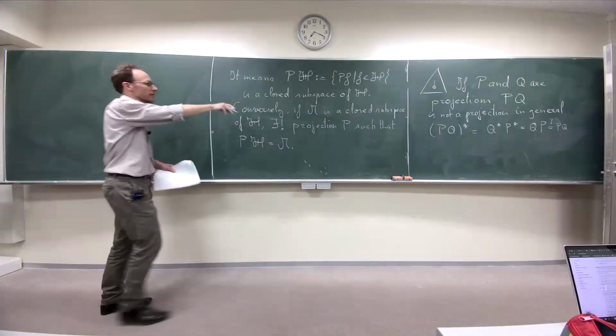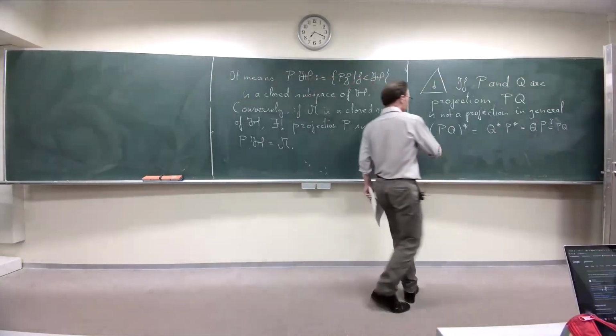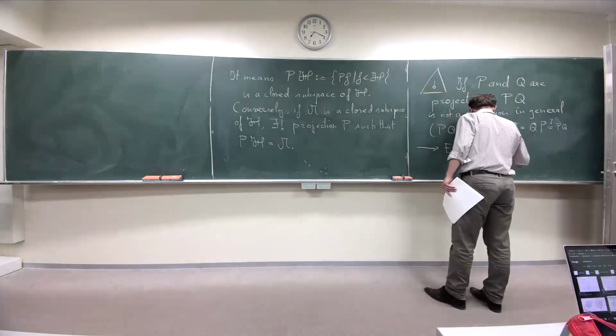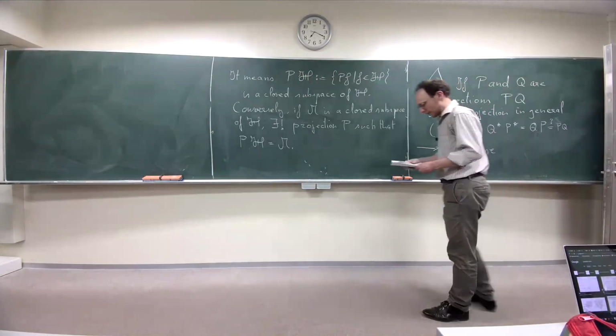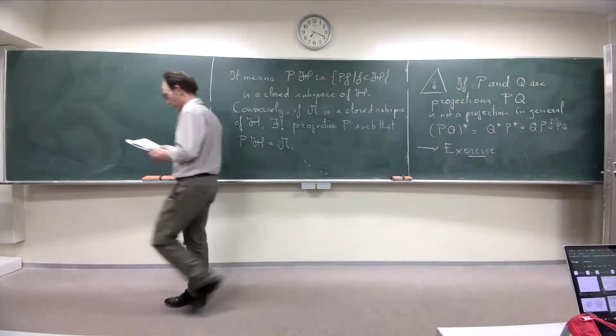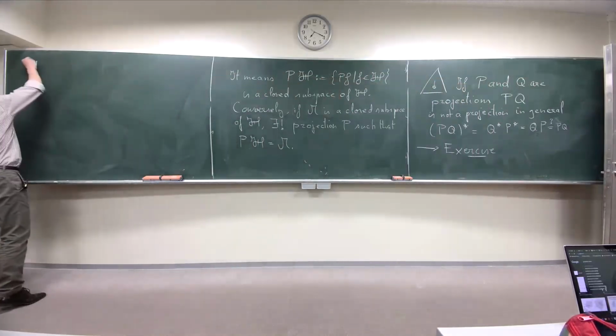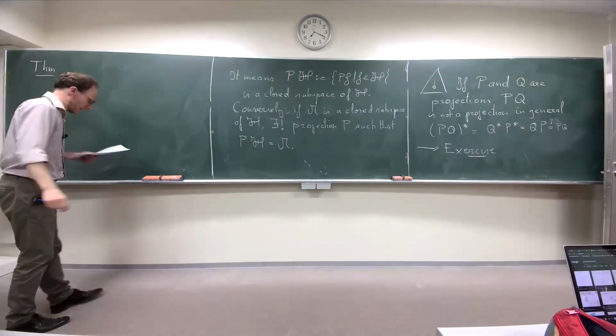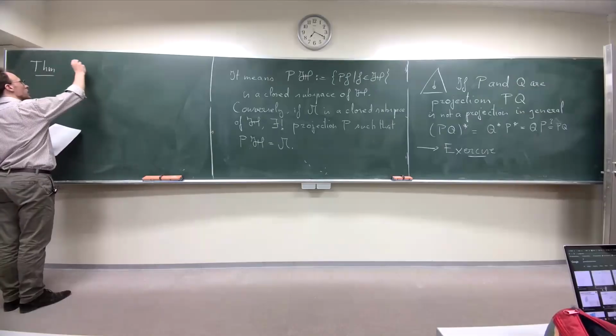There is an exercise. If you want to do something about projection, there is an exercise in the notes that you can do. And let me state one theorem. I could have mentioned this earlier, but now it's a good time to do it.